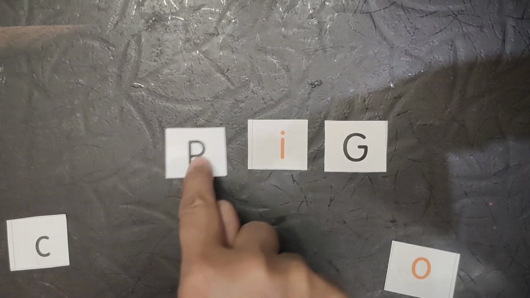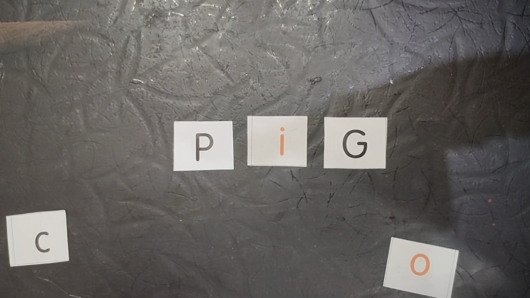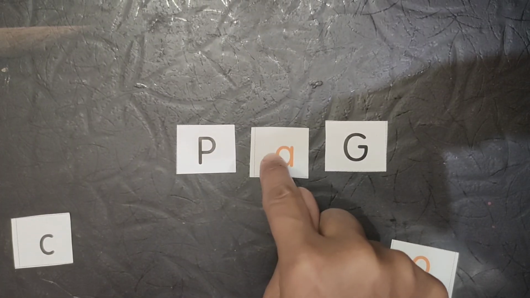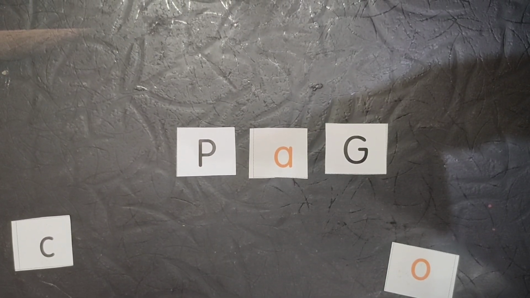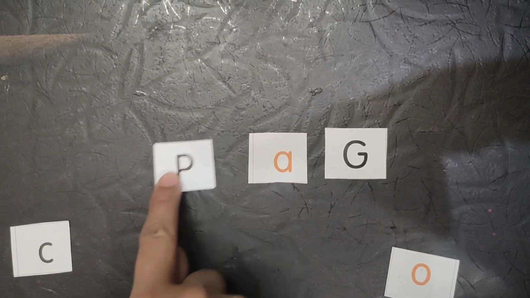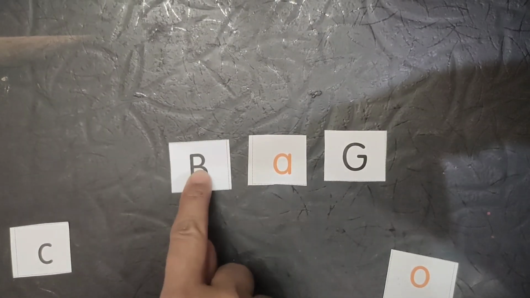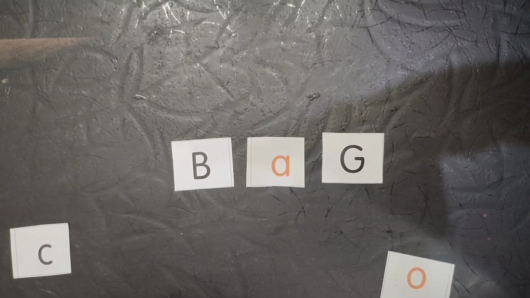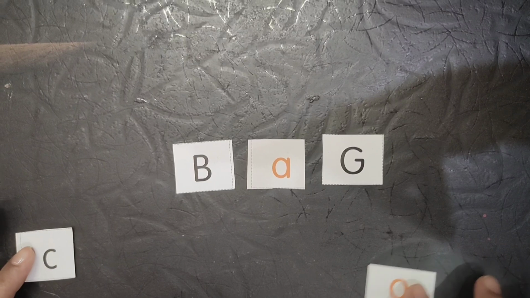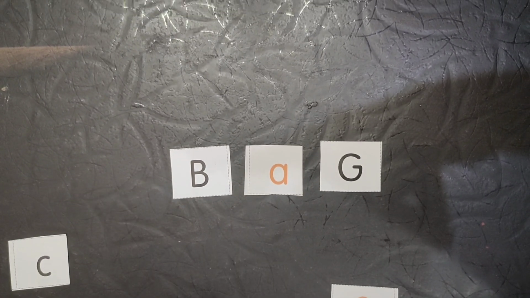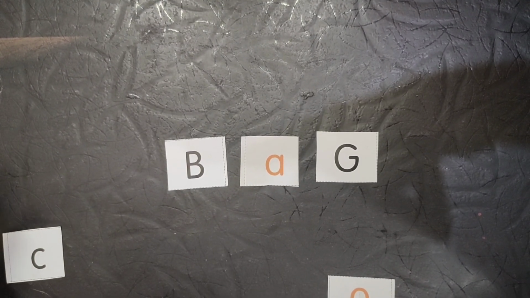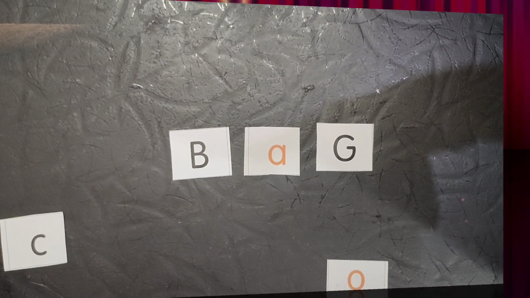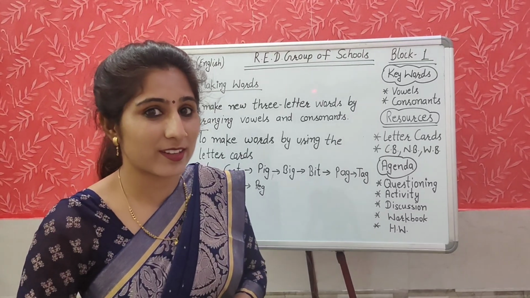Again I'm changing. What is it? Pig. Now again I'm changing the middle letter. What is this? Right, peg. Again I'm changing the first letter. What is this? Bag. So this is how you can make so many words by using only these 9 letters: A, E, I, O, U, P, T, B. Yes, students, you must have enjoyed the activity.